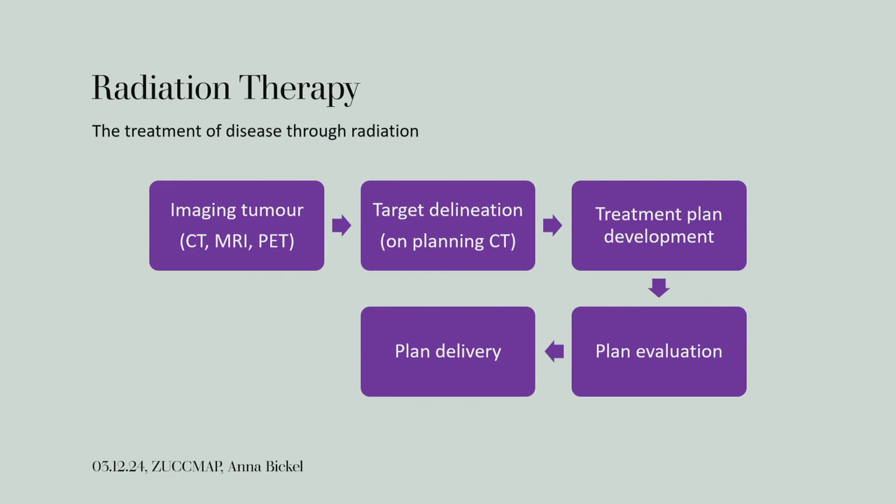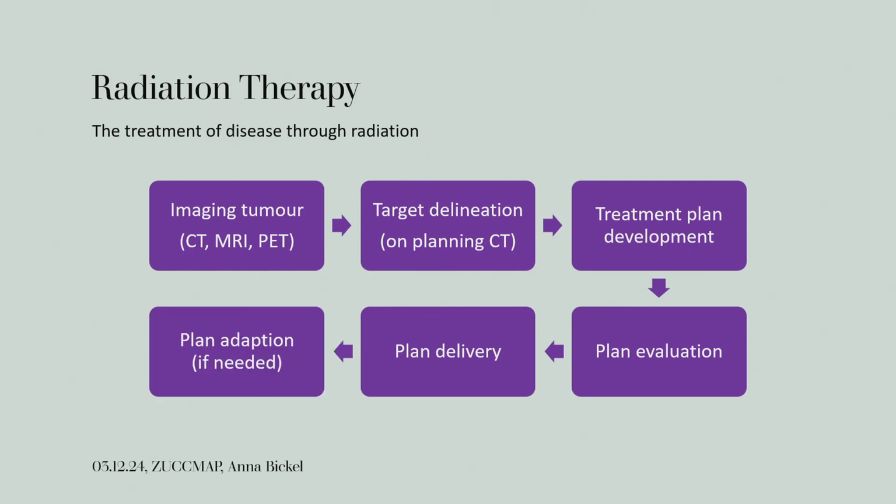Quite simple. The patient comes in and gets irradiated, and every day the patient gets a daily image, so a CT or an MRI, and we look at the tumor before we irradiate. If we see any big anatomical changes, so if the tumor shrinks or grows, we can adapt the plan such that we really do cover the tumor and not just miss it because something changed.